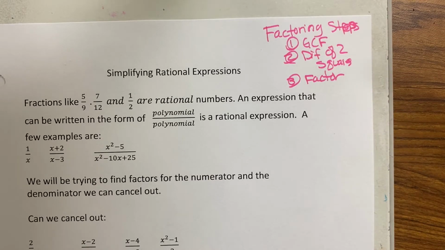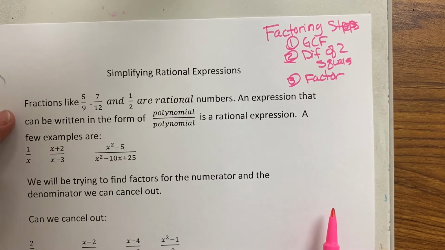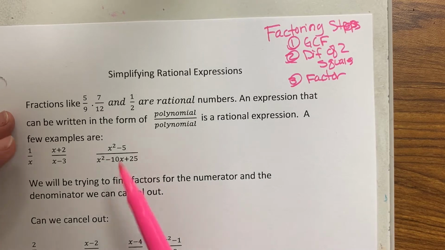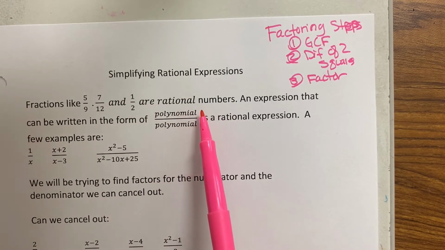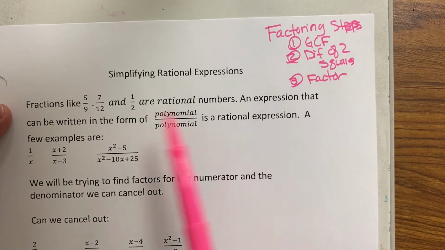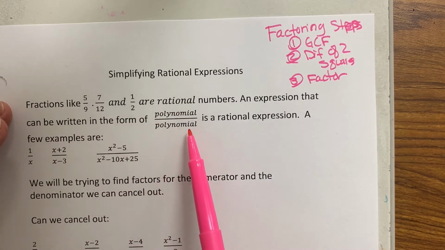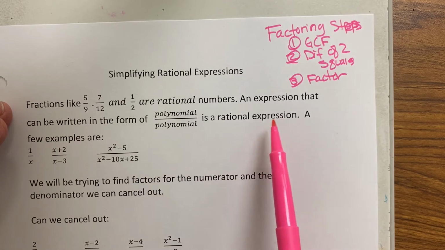Simplifying rational expressions is where we have polynomials on the top and polynomials on the bottom, a numerator and a denominator, and we're trying to make that smaller and simplify. Fractions like 5/9, 7/12, and 1/2 are rational numbers because they're already fractions. An expression that can be written in the form of polynomial over a polynomial is a rational expression.